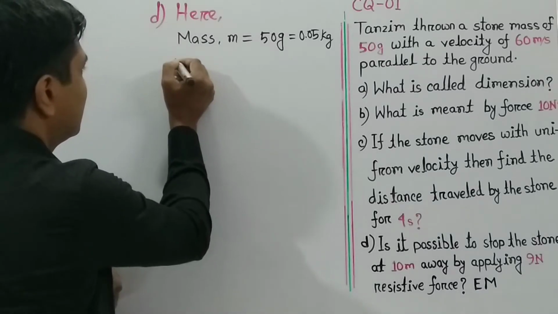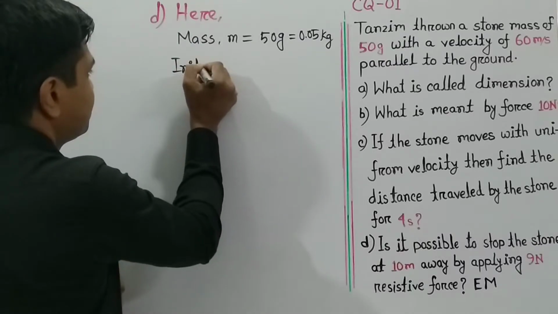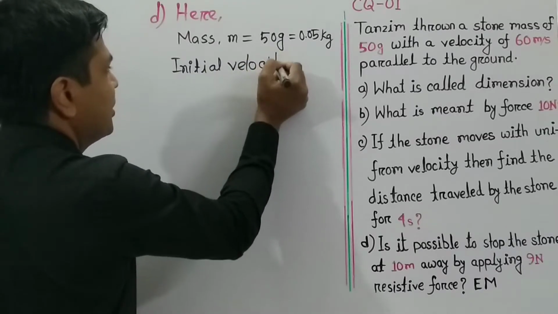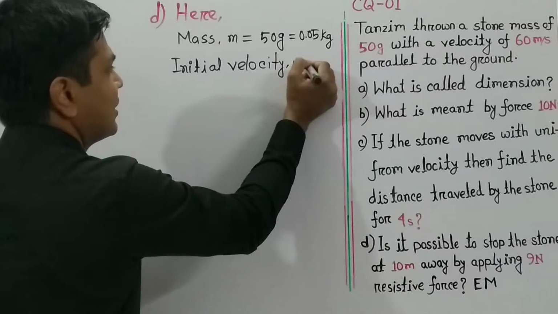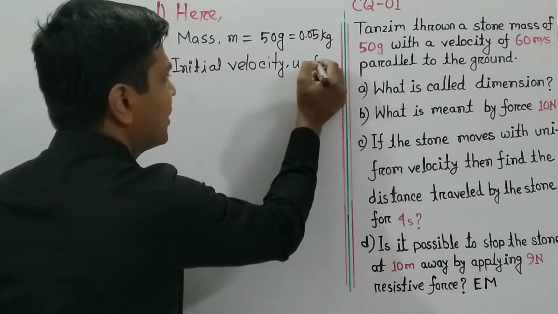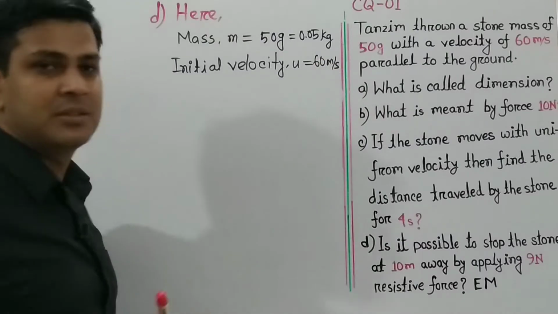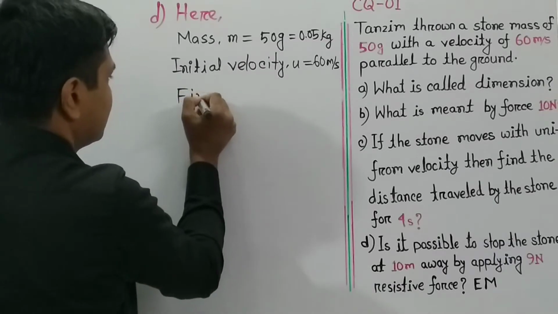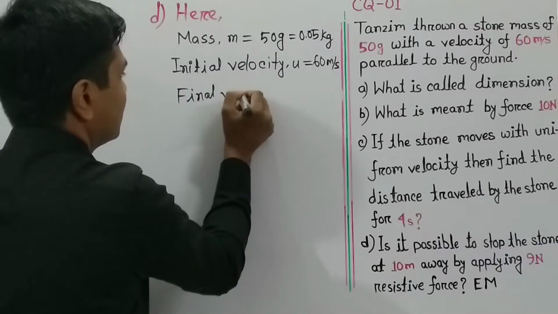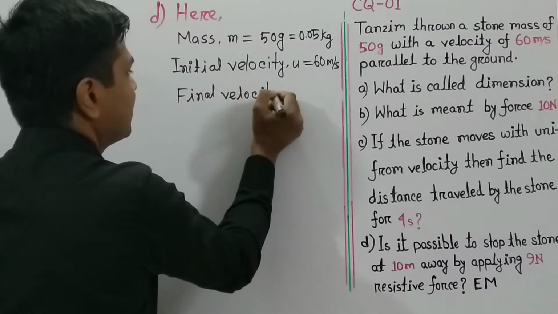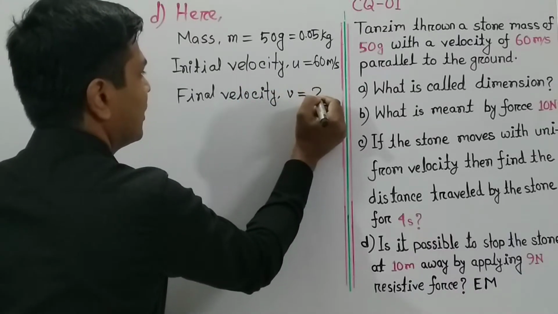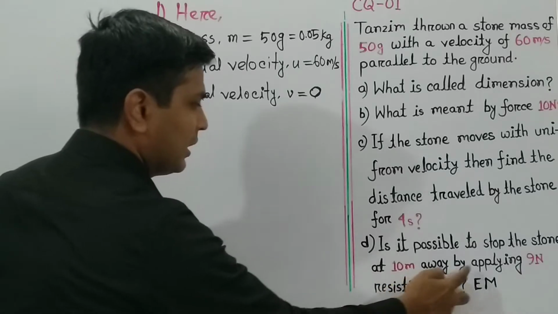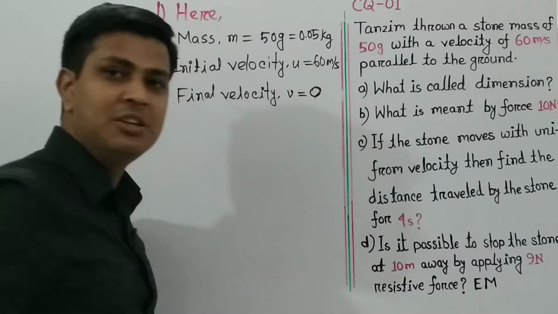So we can write here initial velocity, which is denoted by small letter u, which is given here as 60 meter per second, and final velocity, denoted by v, which is 0, and the body is opposing 9 Newton force.